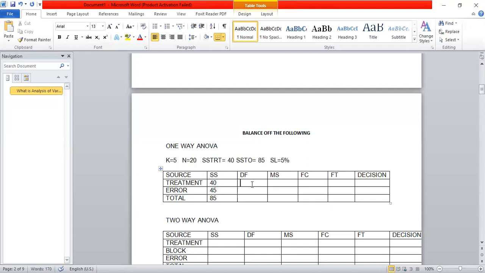Okay. Then we have the degree of freedom for the treatment. What was the formula for the degree of freedom for treatment?